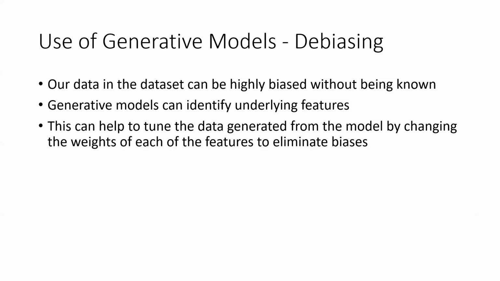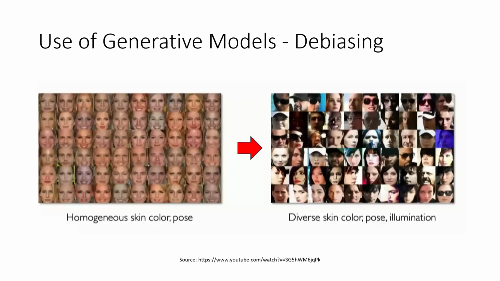What you want is a data set free of those biases. So you can use generative models to identify the features and then change the weights for each of the features to generate another data set which is mostly free of these biases. It is something like this.